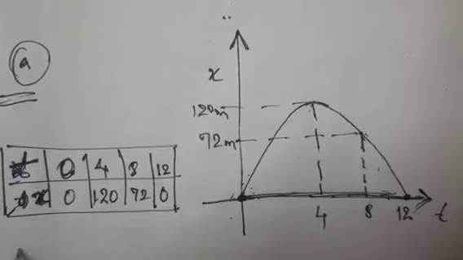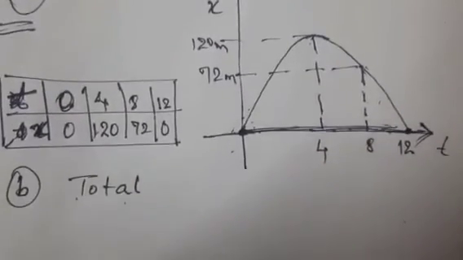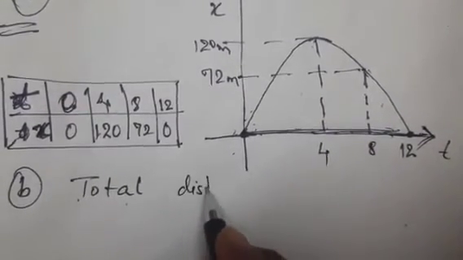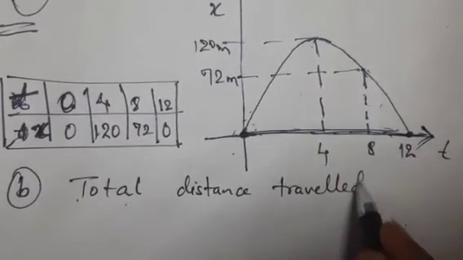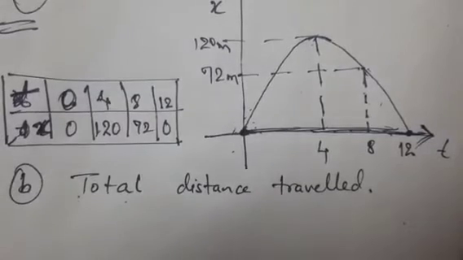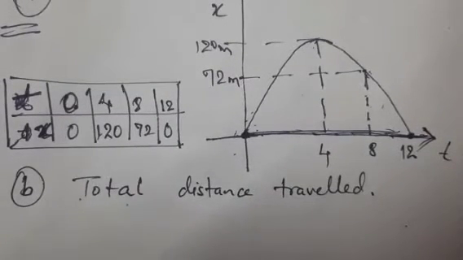Now coming to the second one, B, the total distance traveled. Now the total distance traveled, as we know, distance is a scalar quantity. So it is the length of the total path traversed by the body.